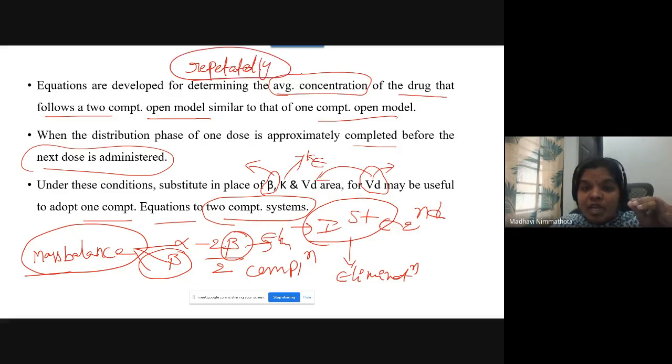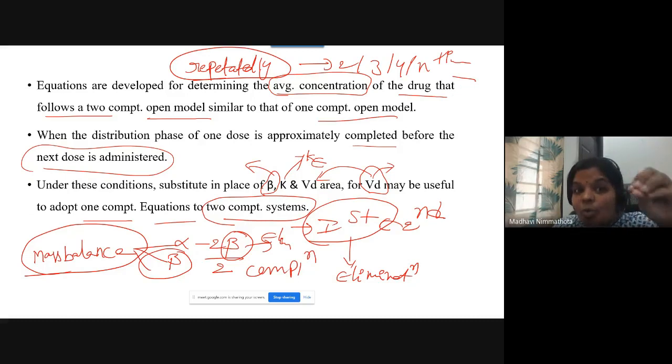That means we can take 2 or 3 or 4 or n times, either a day or for a week. So we are going to take repeated dosage administration. For that reason, how much volume of distribution it requires for a particular area. So that's why you can replace this VD with the VD area. Then there is a coincidence of the one compartmental equations with the two compartmental systems.